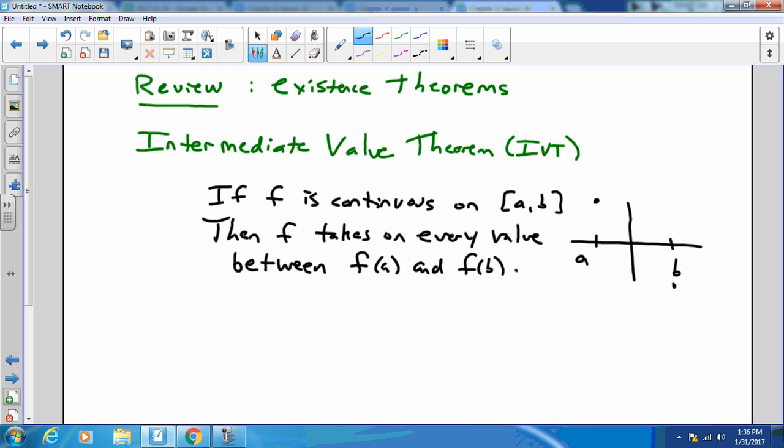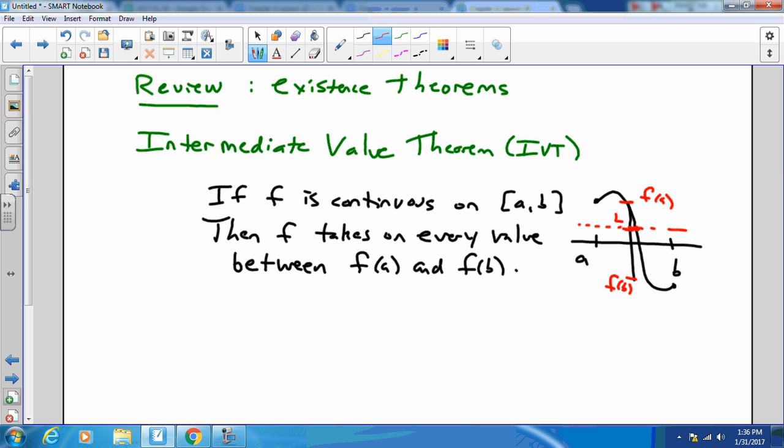The picture for the intermediate value theorem is a function that is continuous on a closed bounded interval, and if I pick any value between f of a and f of b, let me call it L, then I am guaranteed that my function f will intersect y equals L at least once.